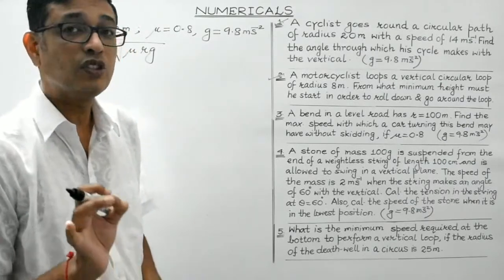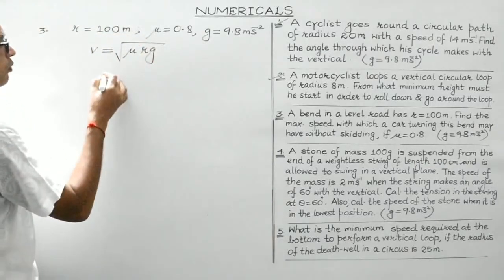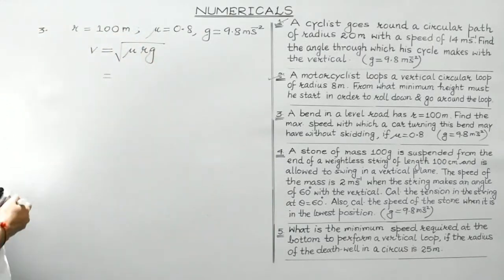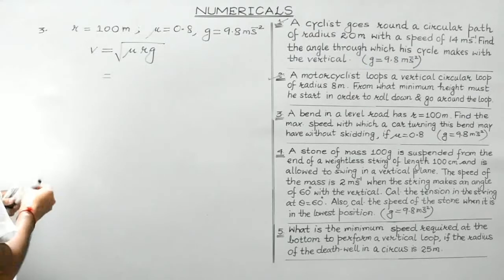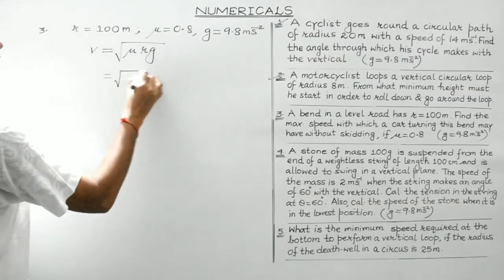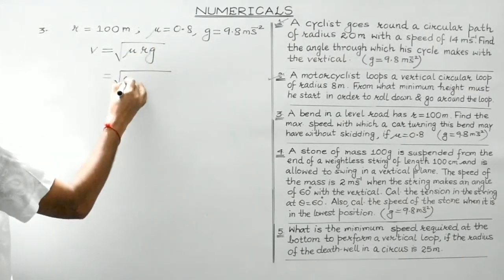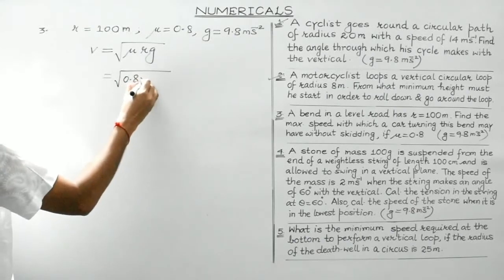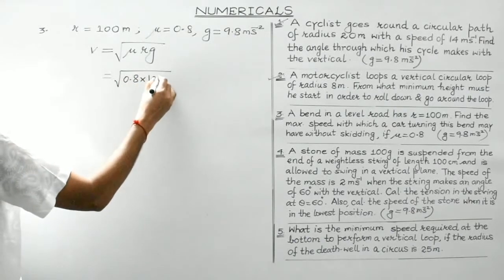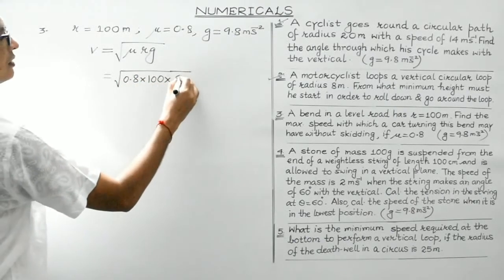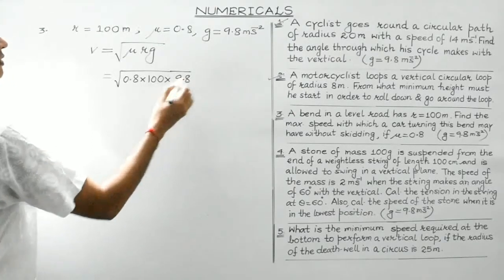So simply we have to substitute the values in this formula. So what we get is square root of mu rg. Mu is given to be 0.8, radius is given to be 100, it's in SI, and it is 9.8, right?